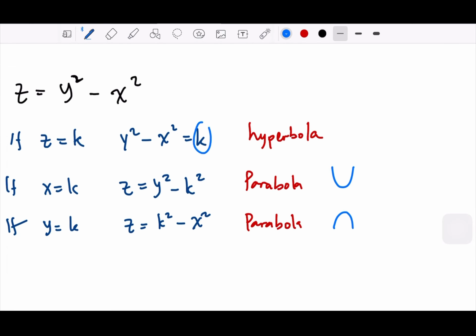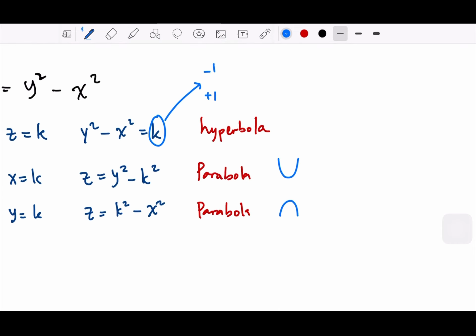And now if we look at the hyperbola, if we take this constant as -1 or 1, we will have two sides. It's either left and right, or top and down, right? We can exchange y and x having the negative signs.